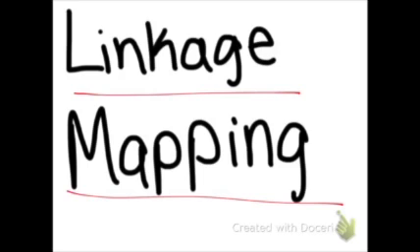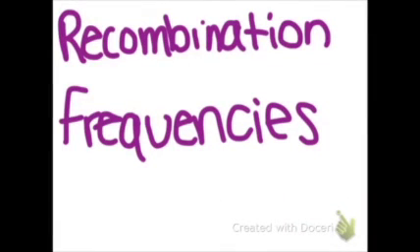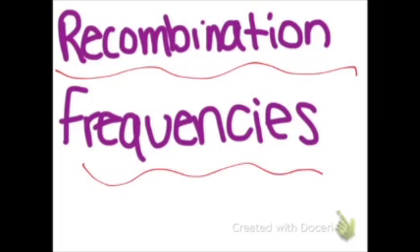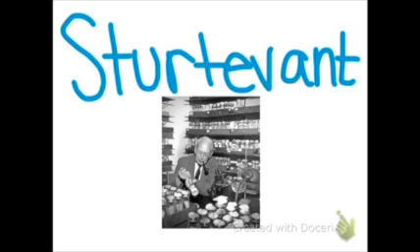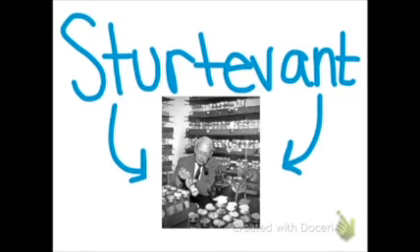One type of genetic mapping is called a linkage map. These are based on things called recombination frequencies. A man by the name of Sturtevant conducted an experiment to prove these.